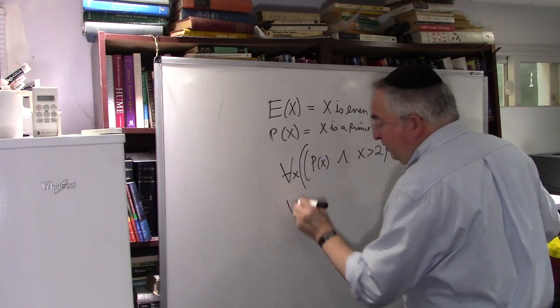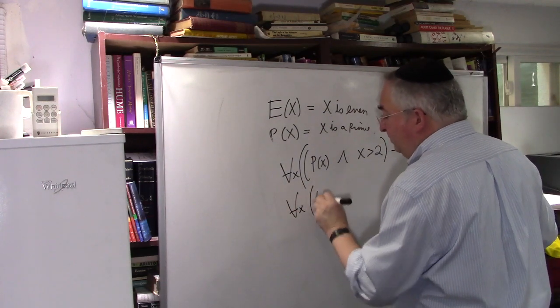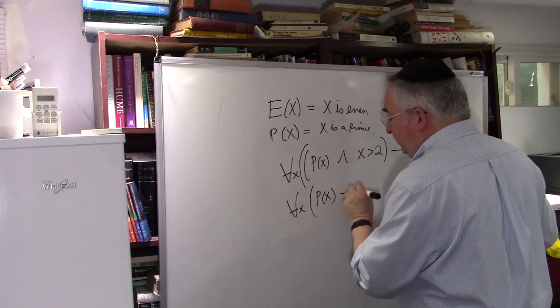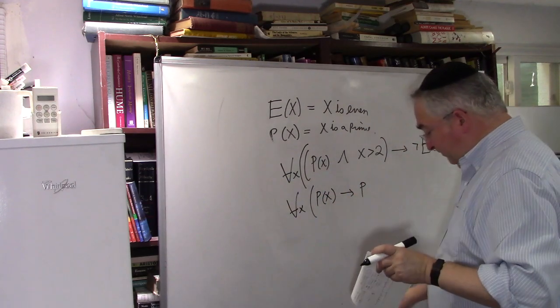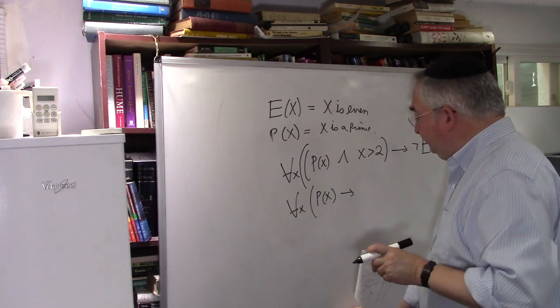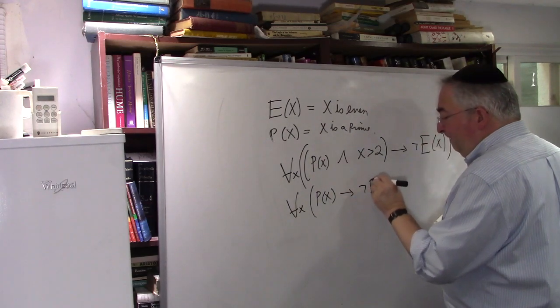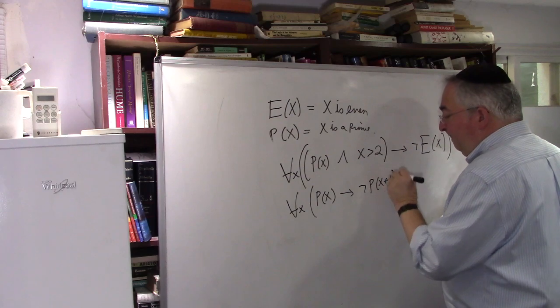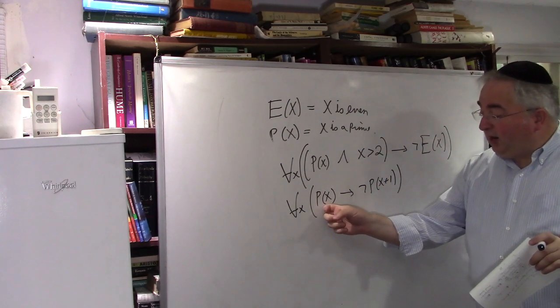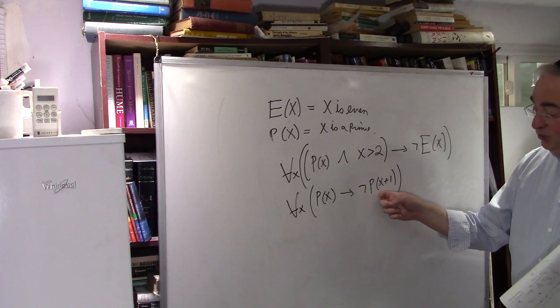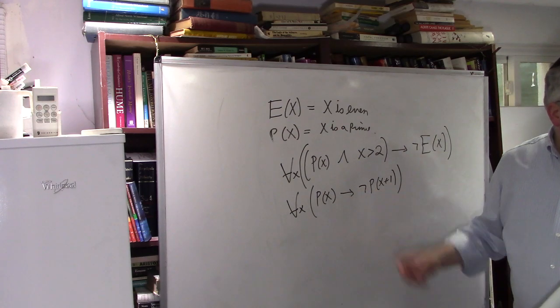Okay, how about this? For all x, if you're prime, that implies the next one is not prime.